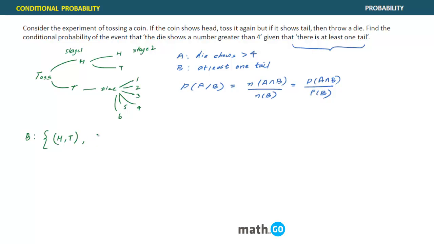Then what could happen is tail comes at the first and the die says 1, t comma 1, then t comma 2. Can you understand this? Possible cases are there, right? This is t comma 6. Okay, so these are all the possible cases in set B that you have.